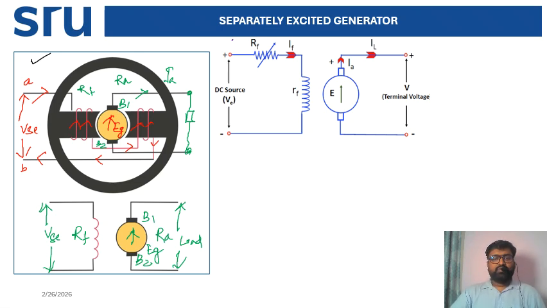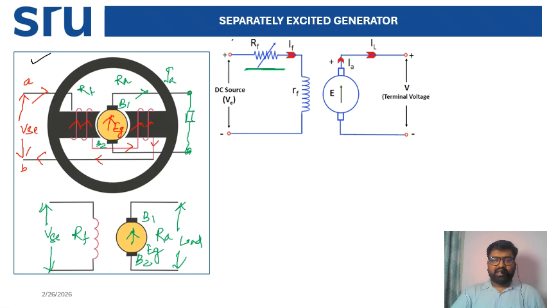Now, if this is our separately excited generator, the circuit is slightly modified by adding variable resistances, because a variable resistance is added to vary the speed or to vary the voltage level, by which we can regulate the voltage and use it according to our requirement.